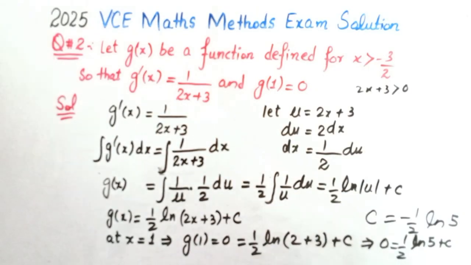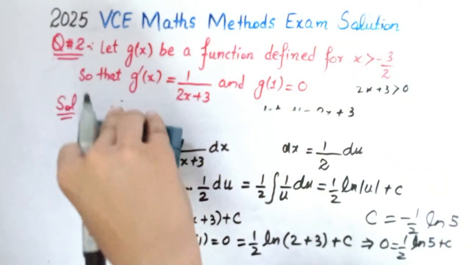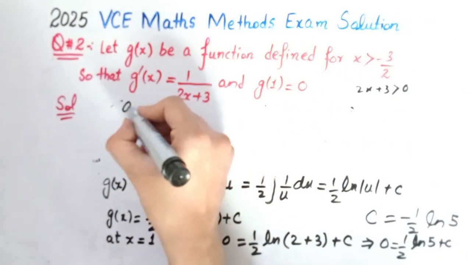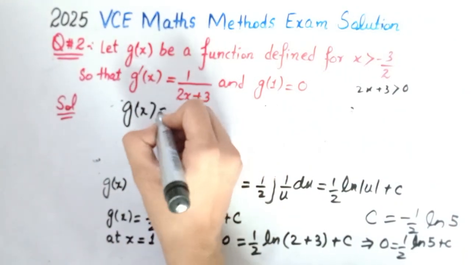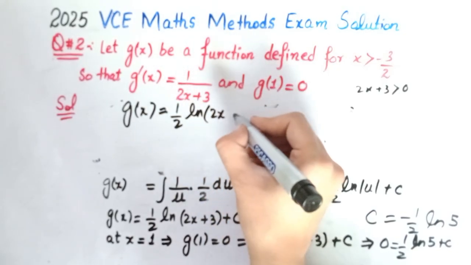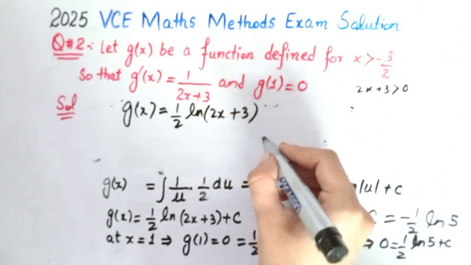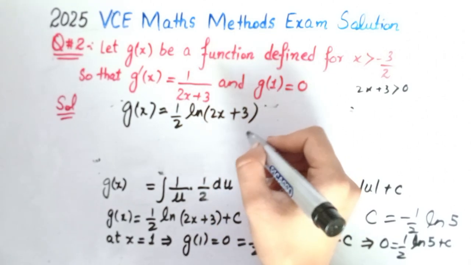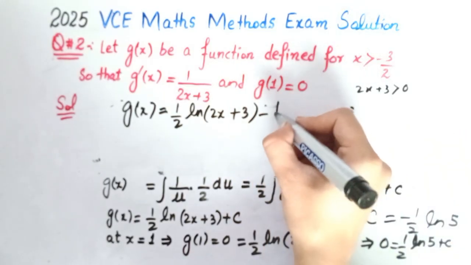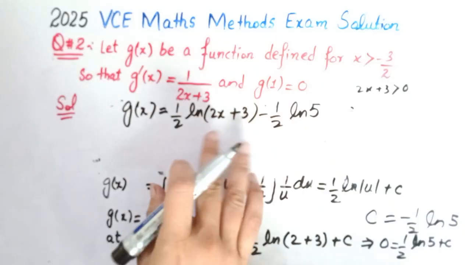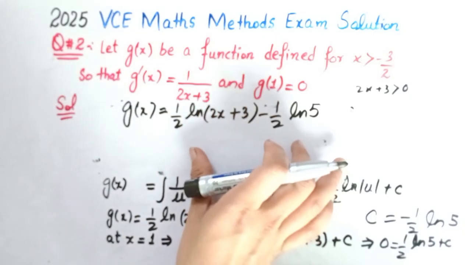Now you will write the final answer. g of x equals 1 by 2 ln of 2x plus 3, minus 1 by 2 ln 5. Now we can also solve this further.